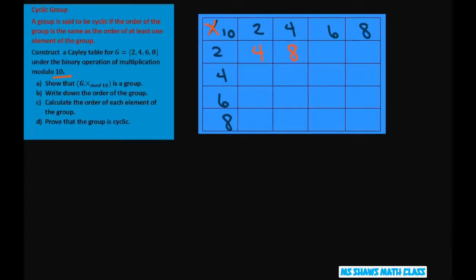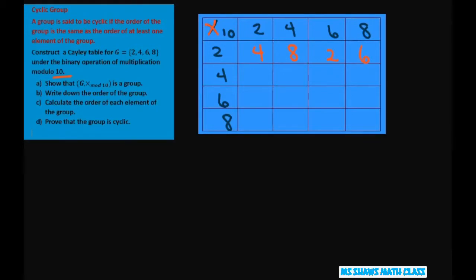2 times 6 is 12. And if you subtract 10 from that, you get 2. So that's how you do that, because that would be your remainder. And 2 times 8 is 16. Subtract 10 and you get 6. All right, and you keep going.